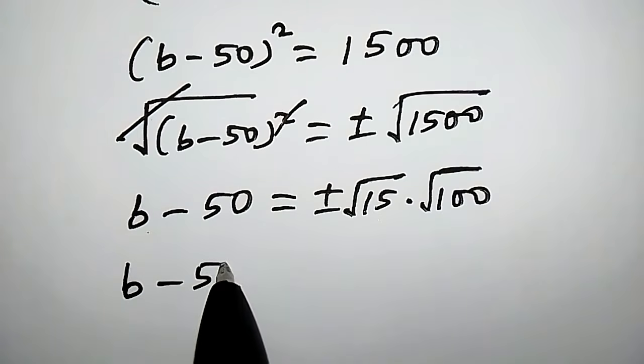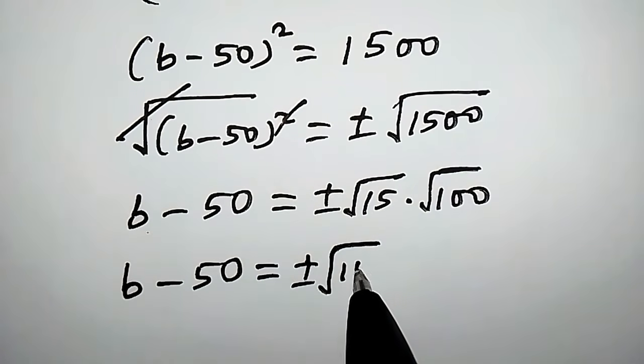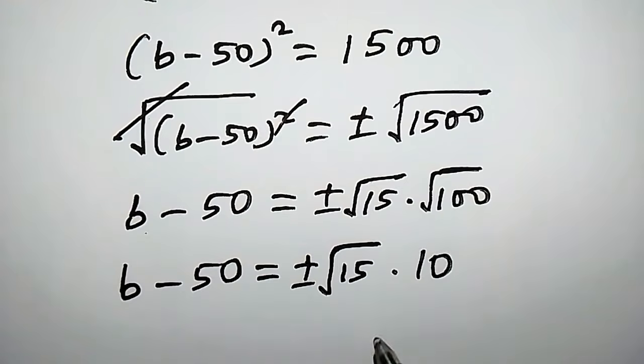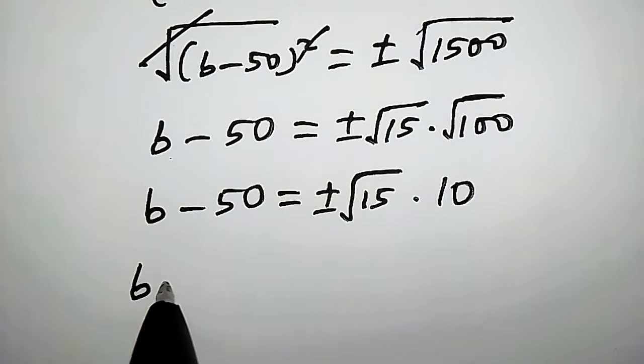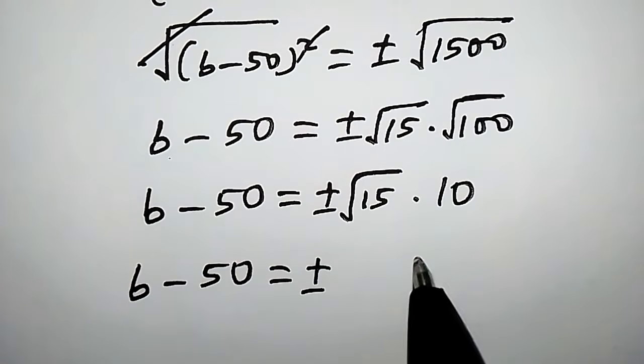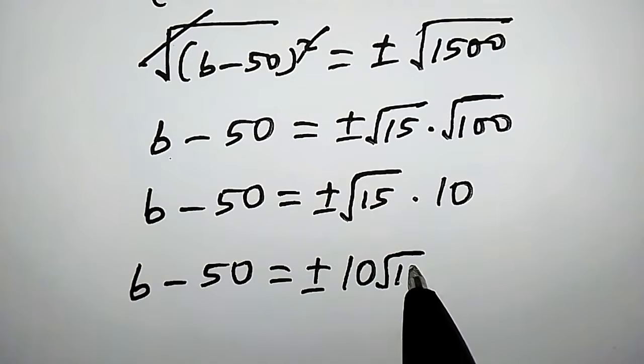B minus 50 is equal to plus or minus root 15. Square root of 100 is simply 10. So we have times 10. Let's continue. B minus 50 is equal to plus or minus 10 times root 15, that is 10 root 15.